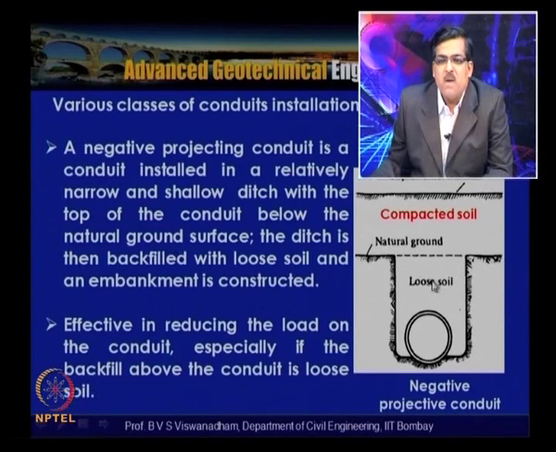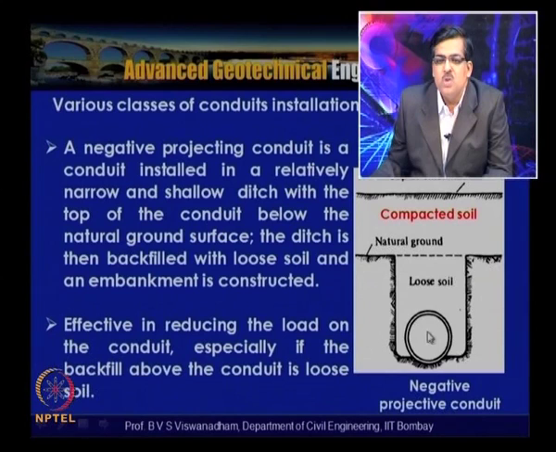and the ditch is then backfilled with loose soil and the embankment is constructed. Here the embankment is with compacted soil. So this is effective in reducing the load on the conduit, especially if the backfill above the conduit is loose soil.